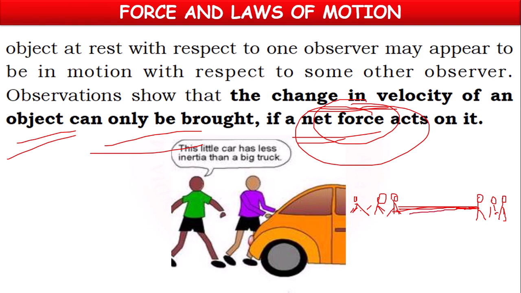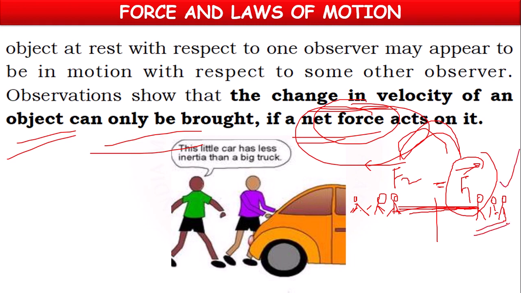If they use the same force, F1 in this direction and F2 in this direction, until the forces are equal, there will be no change in their position. Nobody will win. But when the force F1 is more, then only the rope will come this side, and all these people will cross the line.